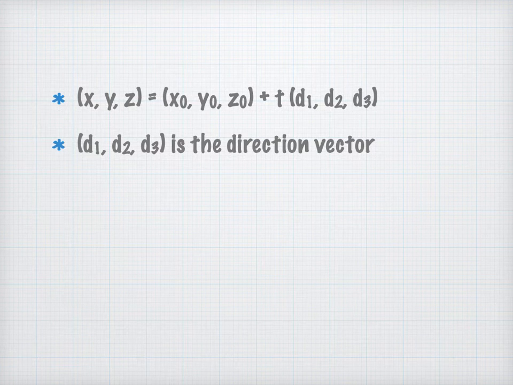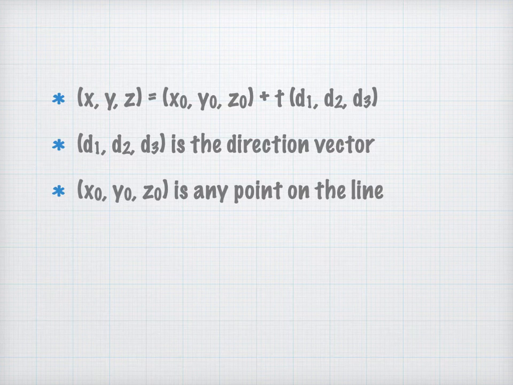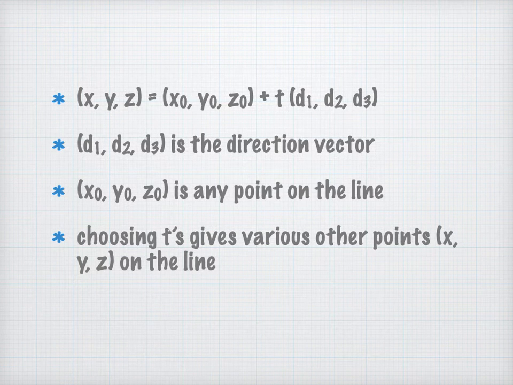This is kind of an interesting one. If you have any point on the line, and you multiply the direction vector by any t, and t does not have to be an integer, it could be any fraction as well, that would get you any other point on the line.